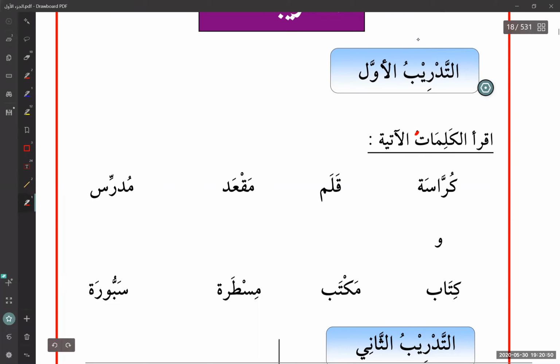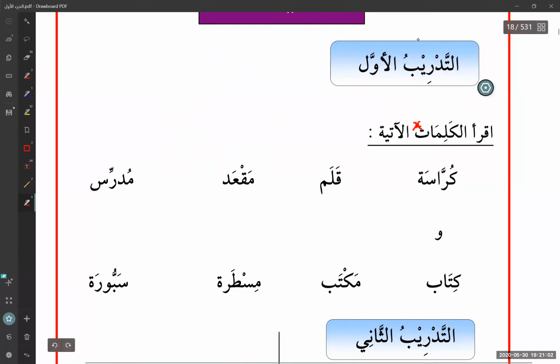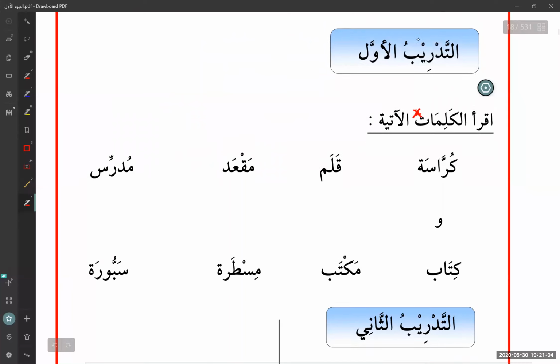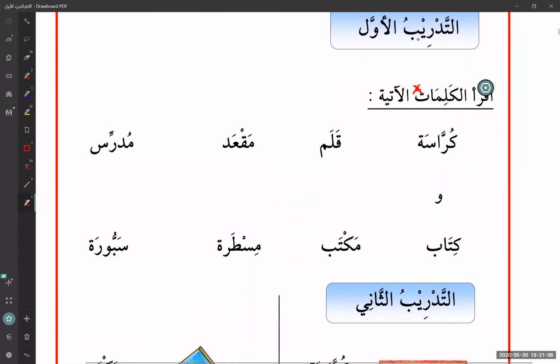It cannot be dhamma here, because this is an object anyway. Never mind, it's a little bit of a mistake here. So basically what it's saying is: read the following words.